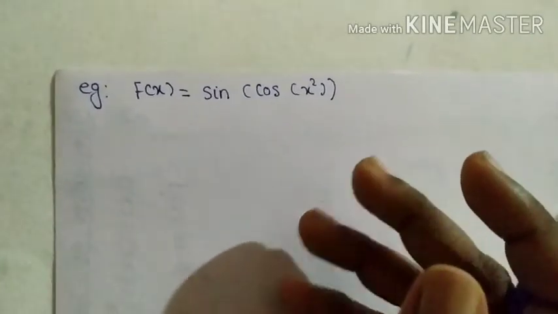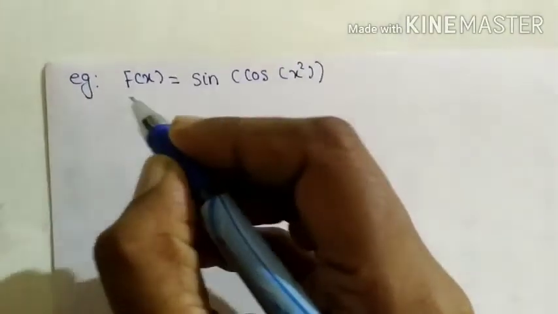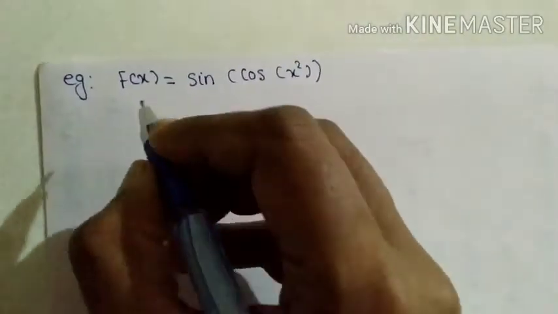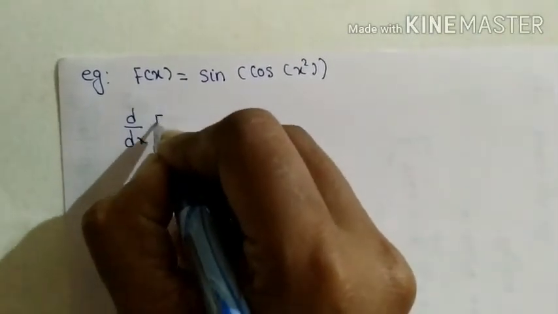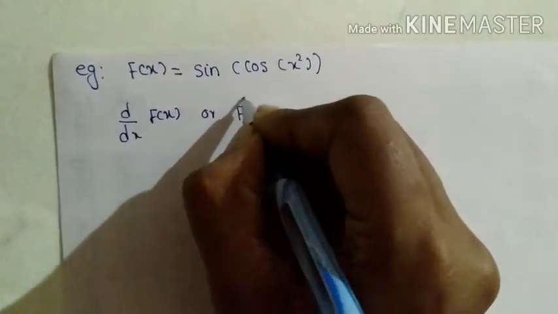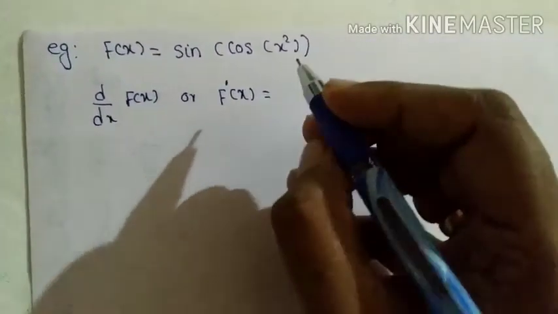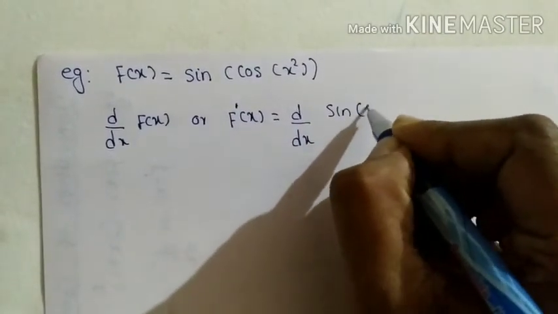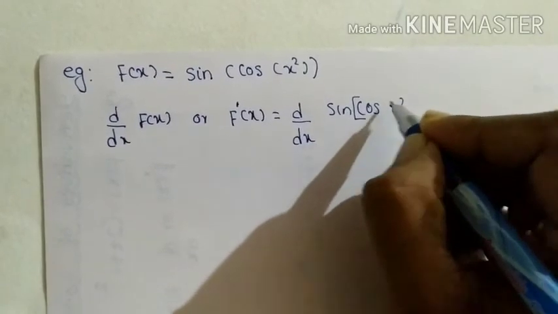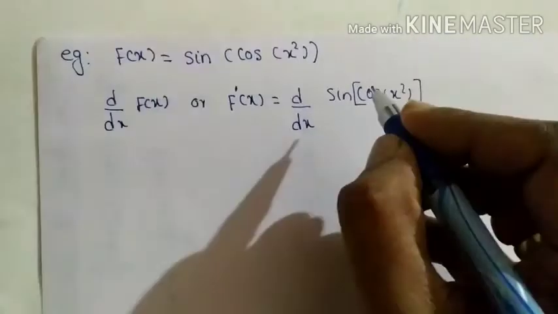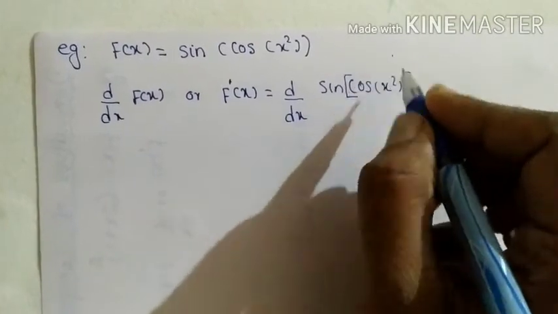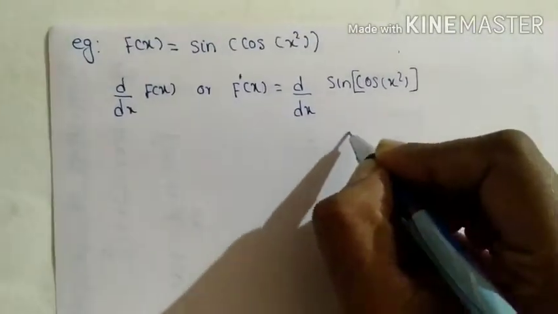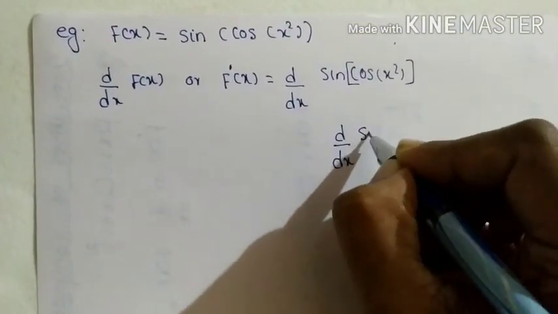So let's start finding the derivative of this composite function. d by dx of f of x, or f dash of x, equal to d by dx of sine of cos of x square. Don't forget, this function consists of three standard functions, so we need to find the derivative of these three functions.